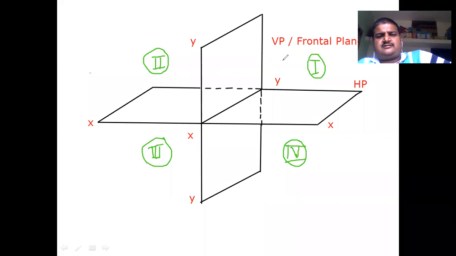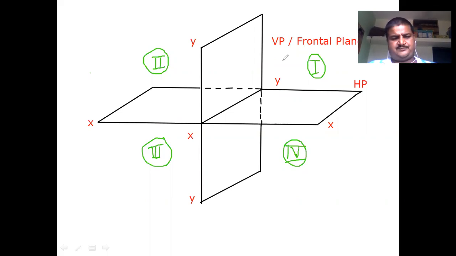The xx plane is known by the name of horizontal plane or ground, and the yy plane is known by the name of vertical plane or frontal plane.